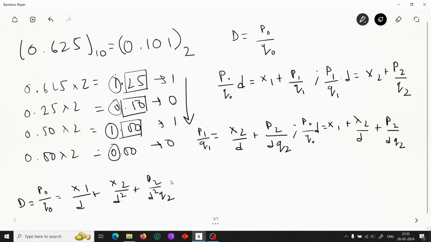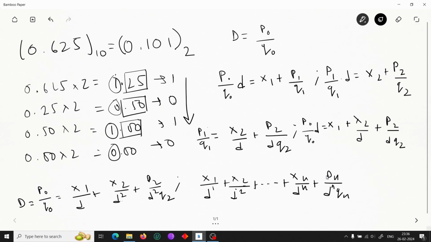Okay, now a more general form of this equation would basically look like x1 by d to the power 1 plus x2 by d to the power 2 plus dot dot dot xn by d to the power n plus the final fractional part, that would be pn by d to the power n qn.